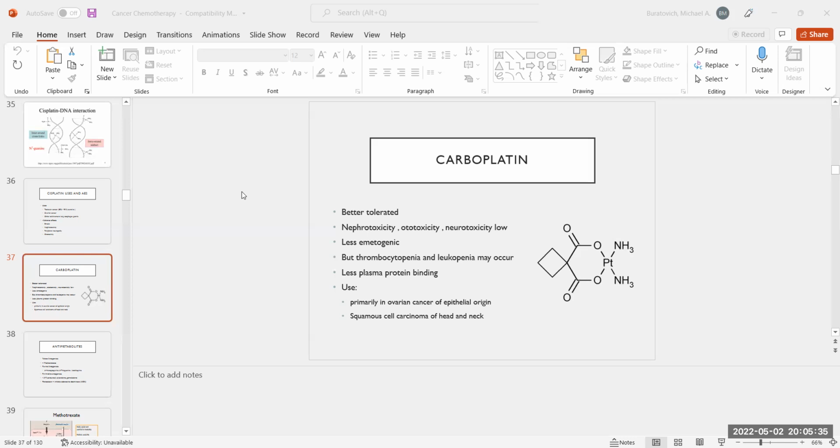What part of the cell cycle do you think they'll be active? Very good, Natalie. Synthesis. Well done. S phase and G2 phase, because to repair DNA, you also have to replicate it, very often to repair it. So S phase and G2.